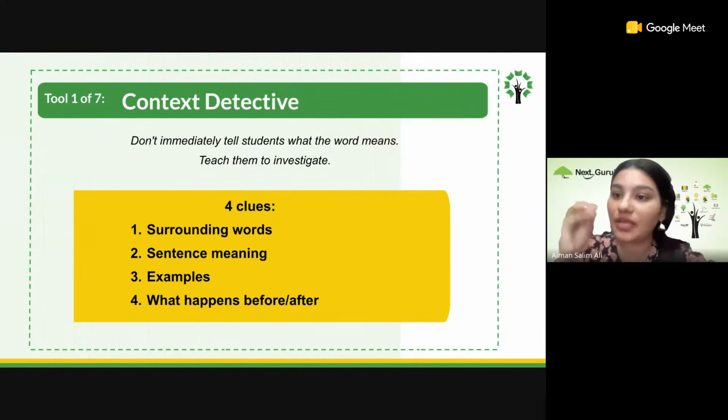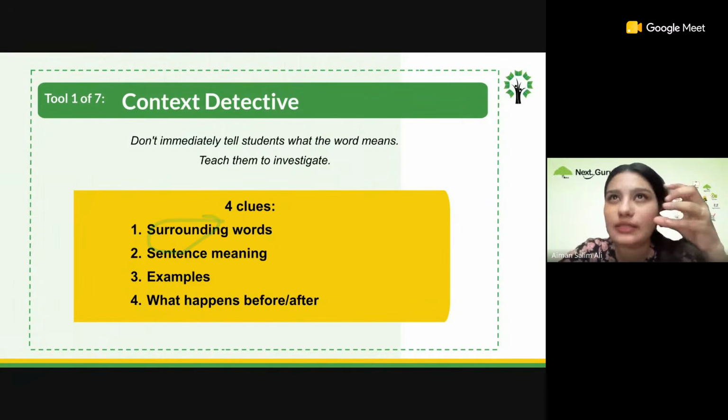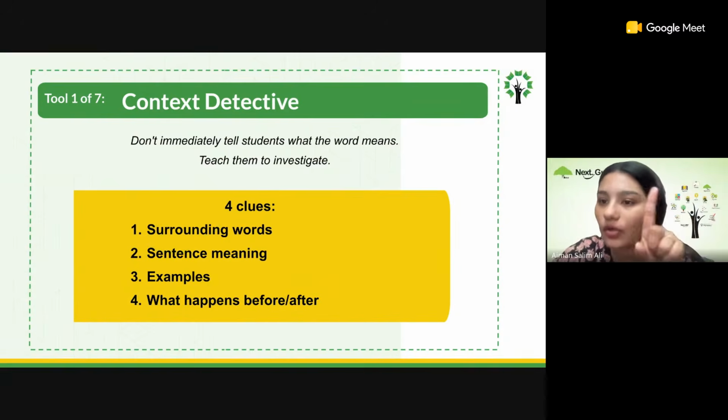What we are going to do is apply the strategy of context detective. Here are 4 clues that we give our students to know the meaning of a word. The first is surrounding words. So we're going to try to understand the meaning of a word by looking at the surrounding words. Then the other clue is the sentence meaning.